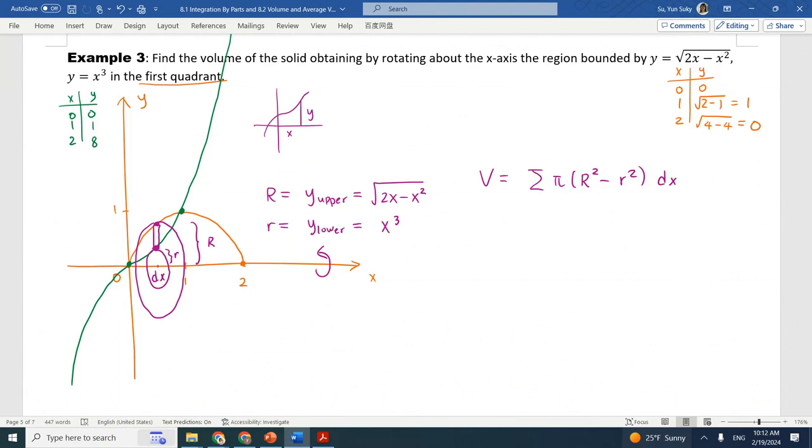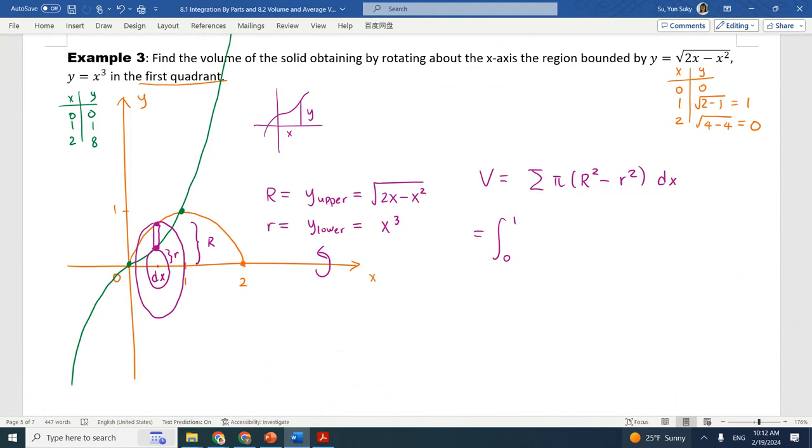Is everybody okay with the formula? Just by looking at the picture, imagine your cucumber, cut it into slices, then we get this formula. So this is the integral. X goes from where to where? 0 to 1, right?